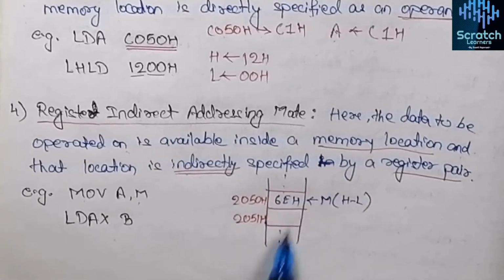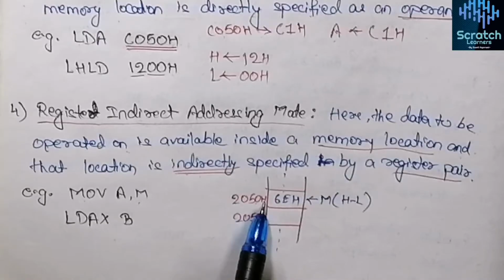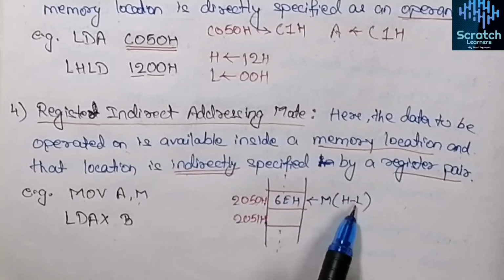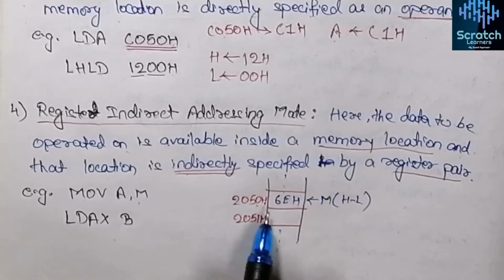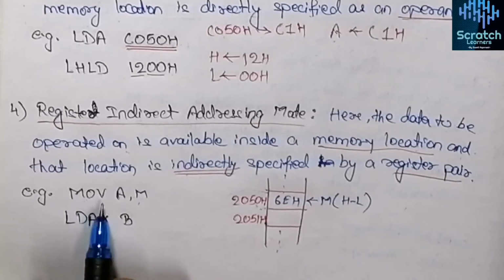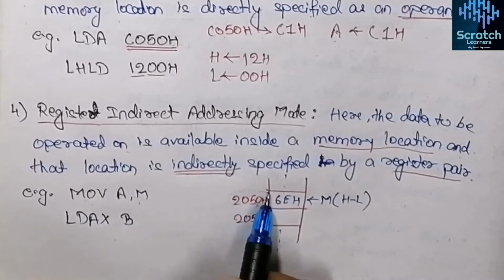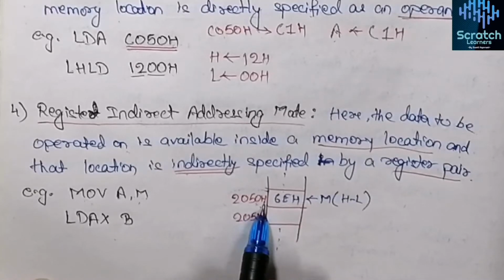So just take this example, this is memory, okay, and here we are having address 2050 hex, and it is being pointed to by the HL register pair. So this is the memory, right? And this location 2050 hex contains the data 6E hex. So on execution of MOV A, M, the content of the memory location 2050 hex will be transferred into the accumulator.